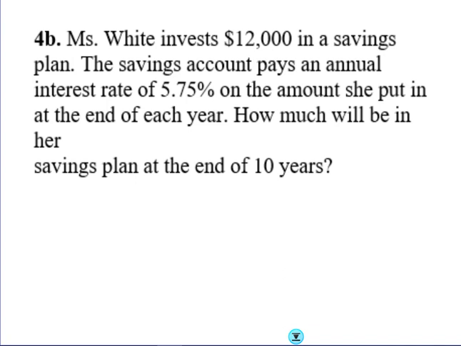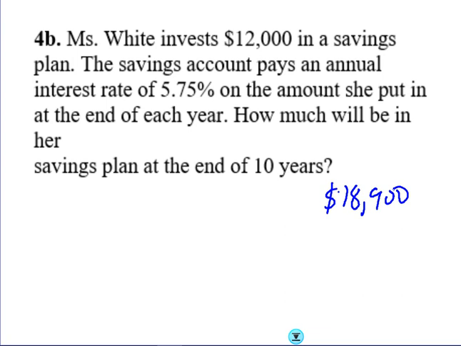But remember, after you find the interest for 1 year, you have to multiply that amount by 10 years. And then that amount you need to add back to the original amount. And that should give you a total of $18,900.